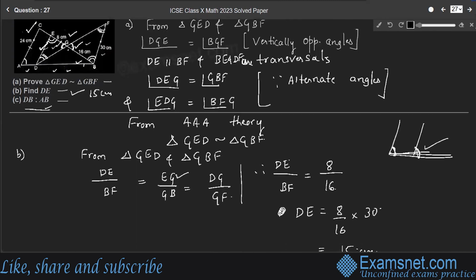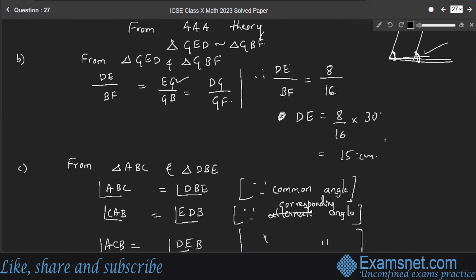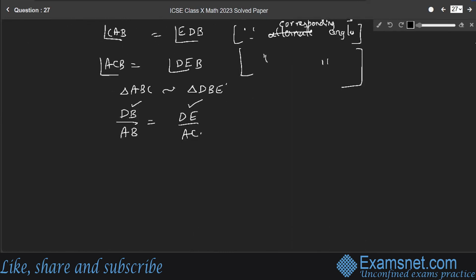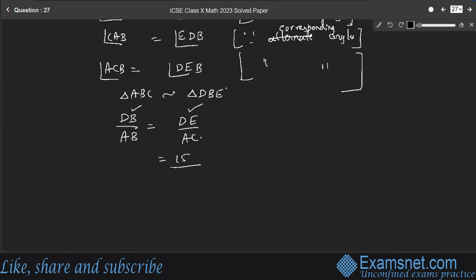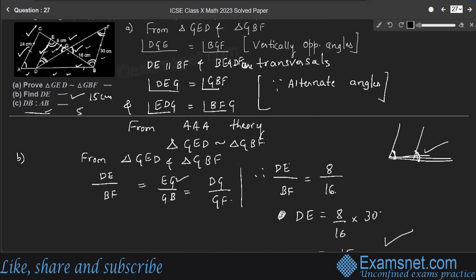Here DE, just now we calculated as 15 centimeter. AC is already given, 24 centimeter. Therefore, DB by AB is 15 by 24. So it is 3 into 5, 3 into 8. Therefore, the ratio is 5:8.